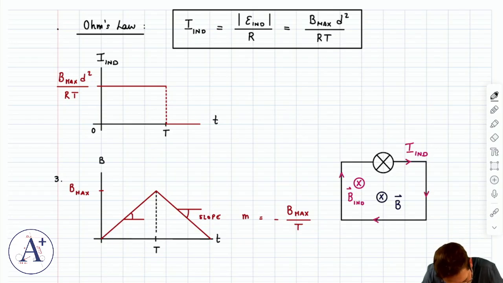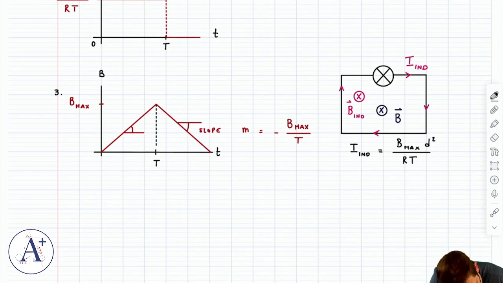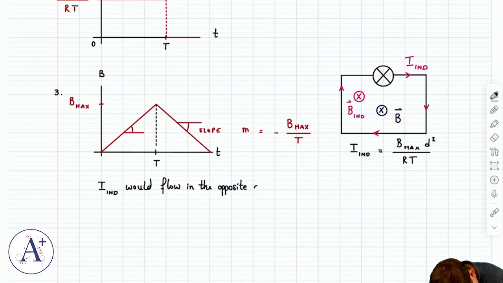So here we will still have I induced in magnitude be B max d squared over RT. I induced would flow in the opposite direction, but with the same magnitude.